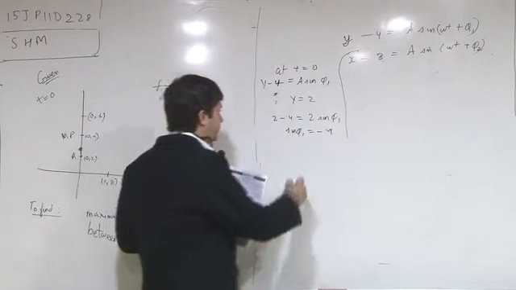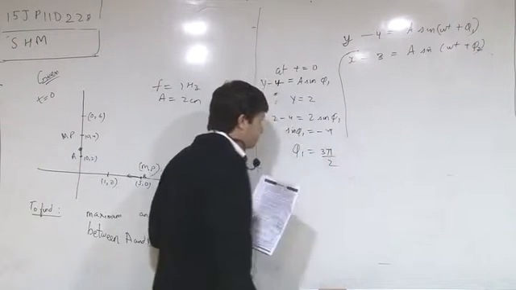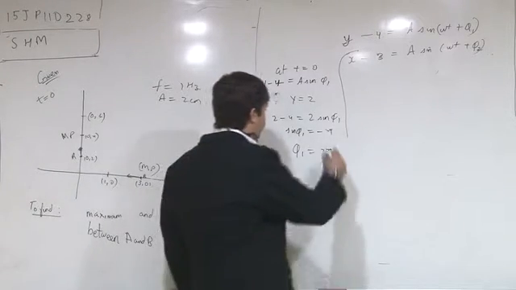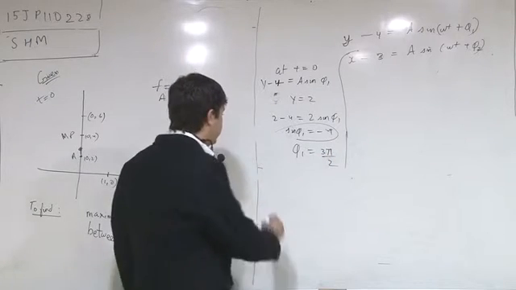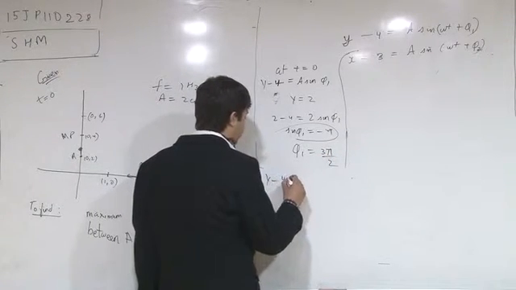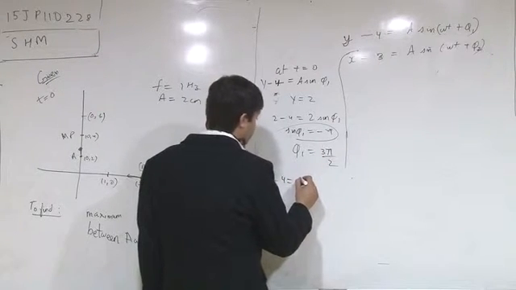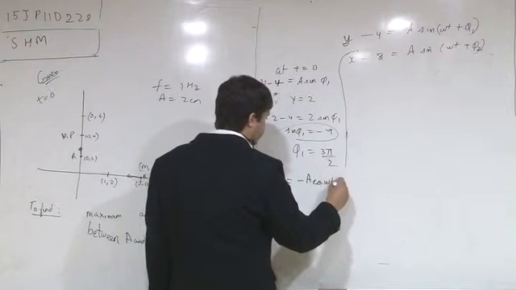We know sine phi 1 is minus 1 when phi 1 is equal to 3 pi by 2. So the equation of y minus 4 comes out to be minus a cos omega t.